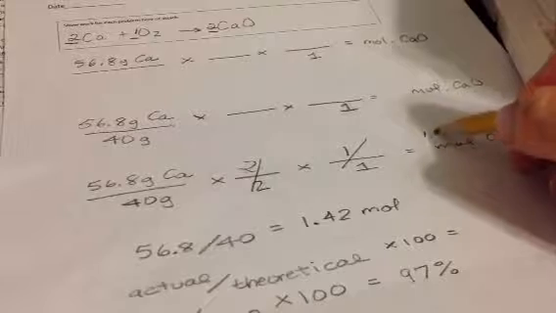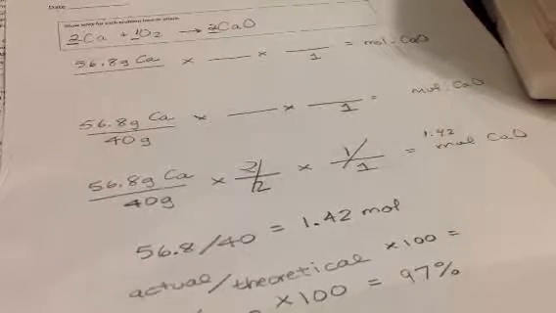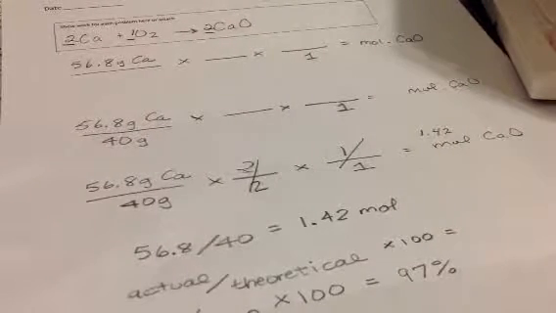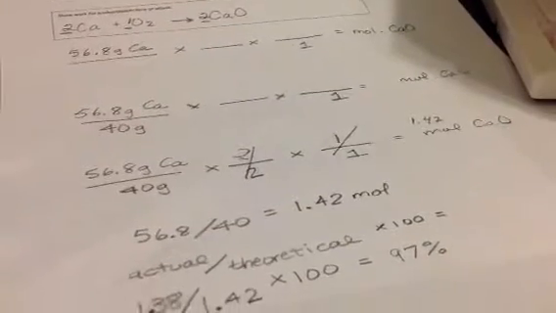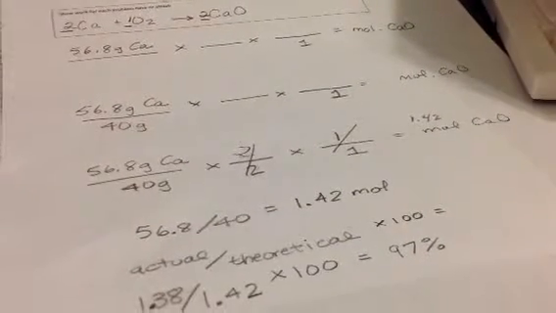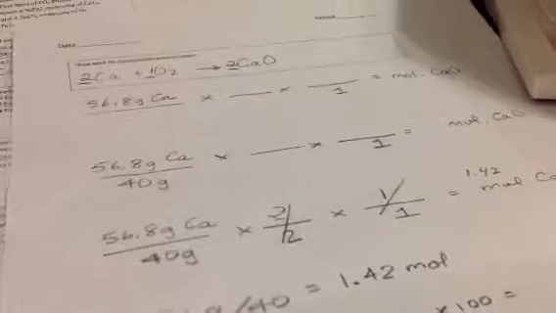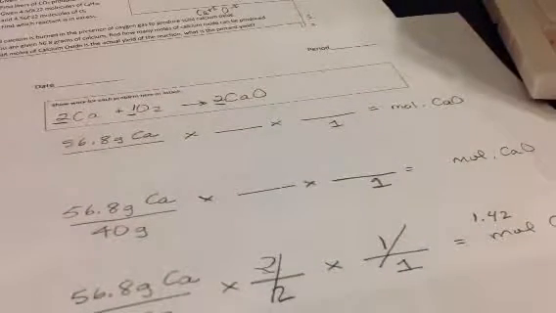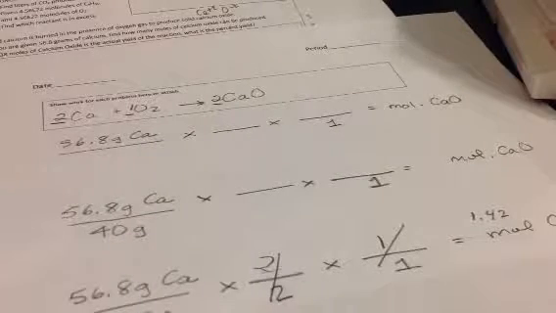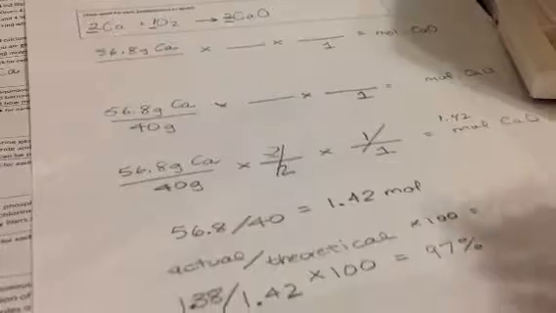So I could make 1.42 moles theoretically, mathematically speaking. That's what they mean when they say theoretical. It asks me in this problem to figure out what is the percent yield of the reaction if 1.38 moles of calcium oxide is the actual.